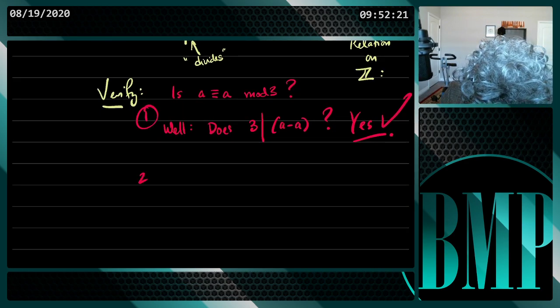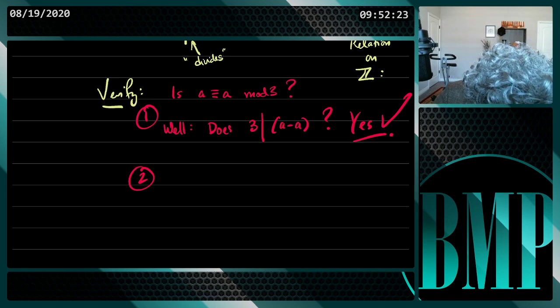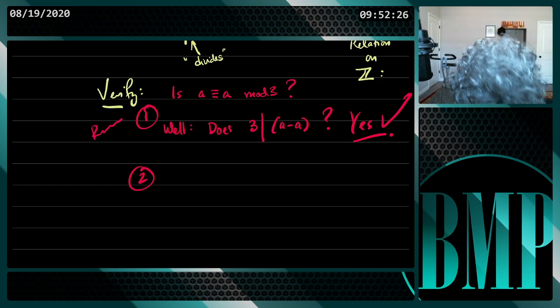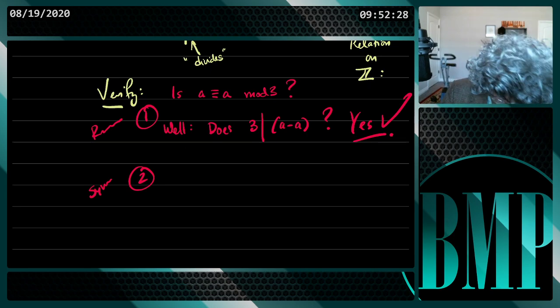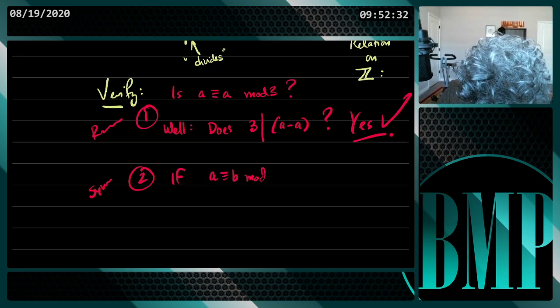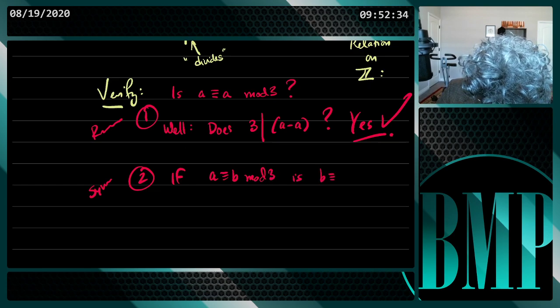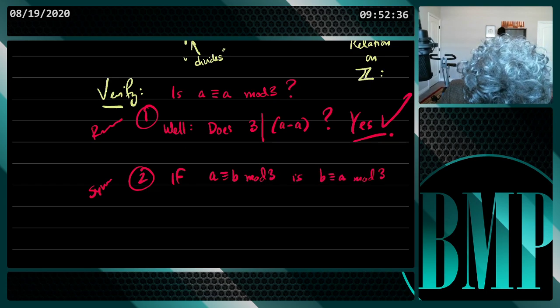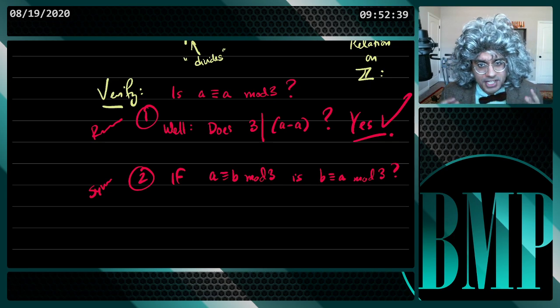Reflexive checked. Second property, symmetric. If A is congruent to B mod 3, is B congruent to A mod 3? Well, you have to check the definition.